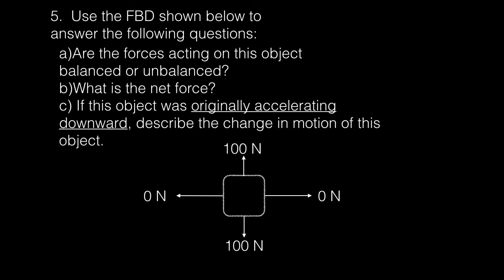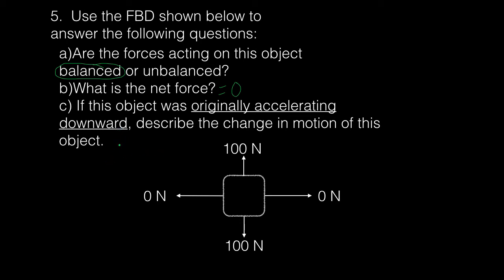Okay, and number 5, it says, same type of question, are the forces balanced or unbalanced? If we look at the up and down direction, they are balanced, but left and right, they are also balanced as well. And so these forces are balanced. The net force, if they're balanced, is equal to 0. And it says here in part C, if the object was originally accelerating downward, describe the change of motion of this object.